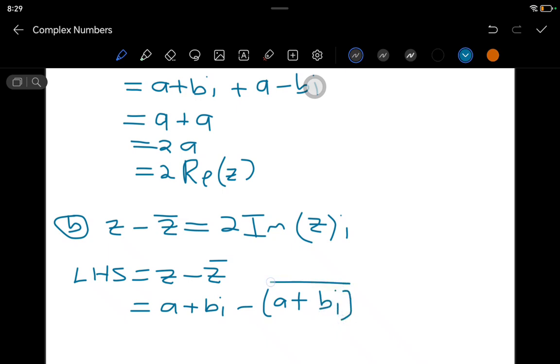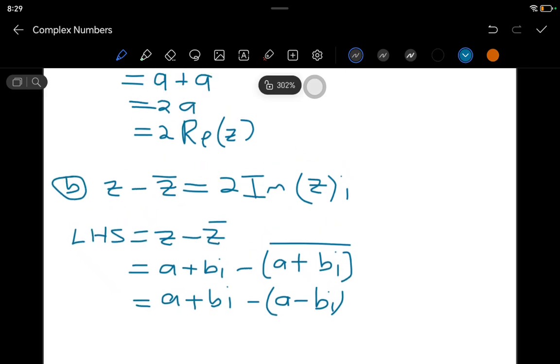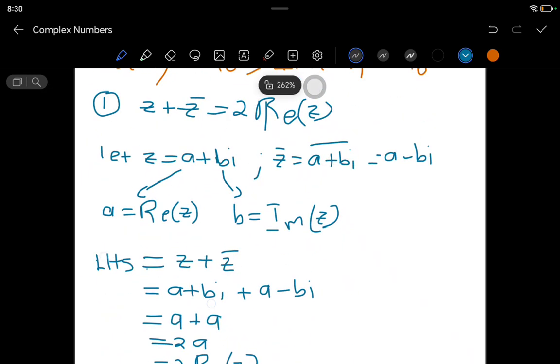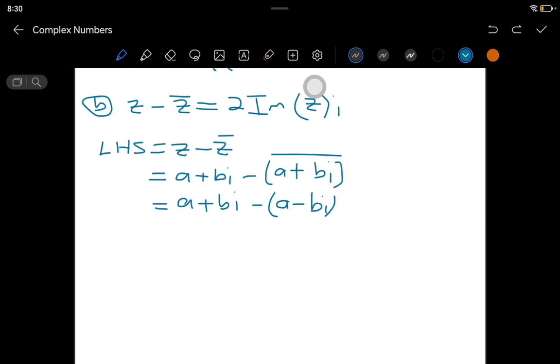Let's say I wanted to do this without first showing what the conjugate is. I was just going to plug my A plus BI in for Z, then apply the conjugate individually. I have A plus BI minus A minus BI. And the A's will take care of each other, we'll be left with BI plus BI, and this is just 2BI.